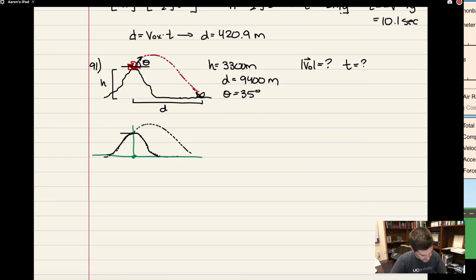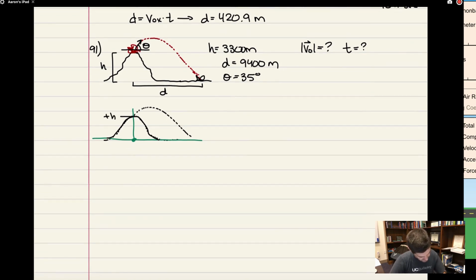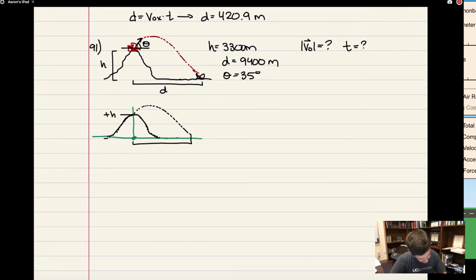So then I know this height is plus h, and I know this distance is plus d. And this was launched with some angle at some initial speed that we would like to calculate.